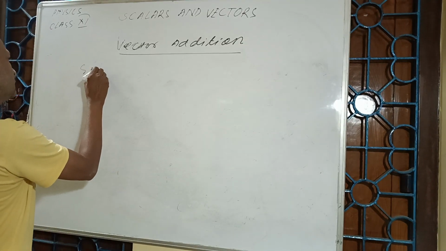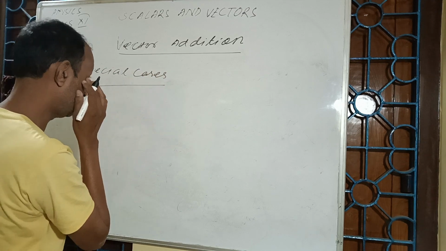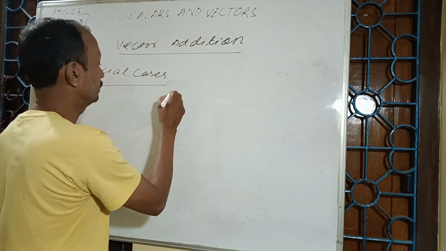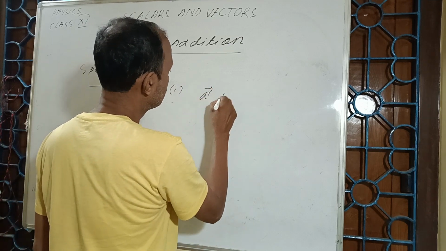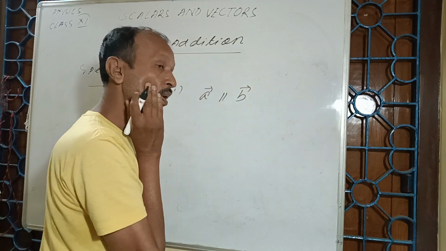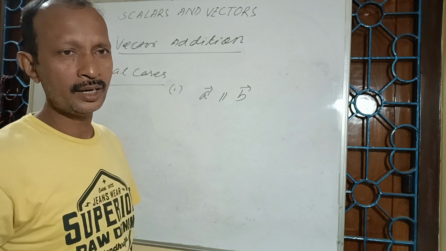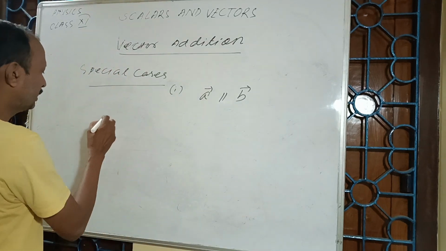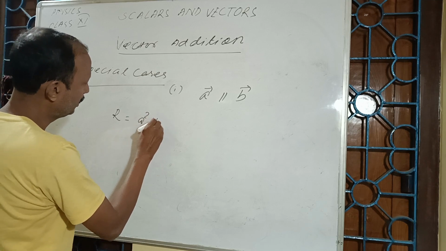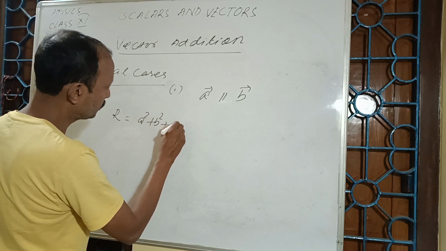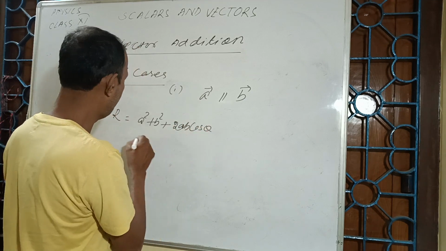So, what are the special cases? We will see. Special cases. First one, for example, the vector A is parallel to the vector B. If vector A and B both are parallel, then I can say that R is equal to root over A square plus B square plus 2AB cos theta.